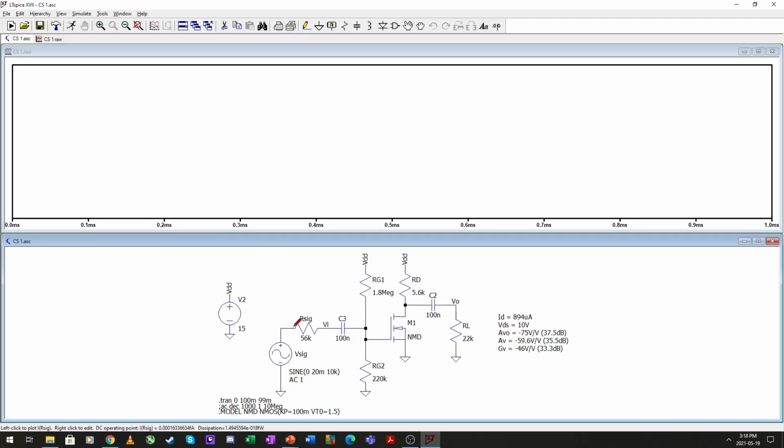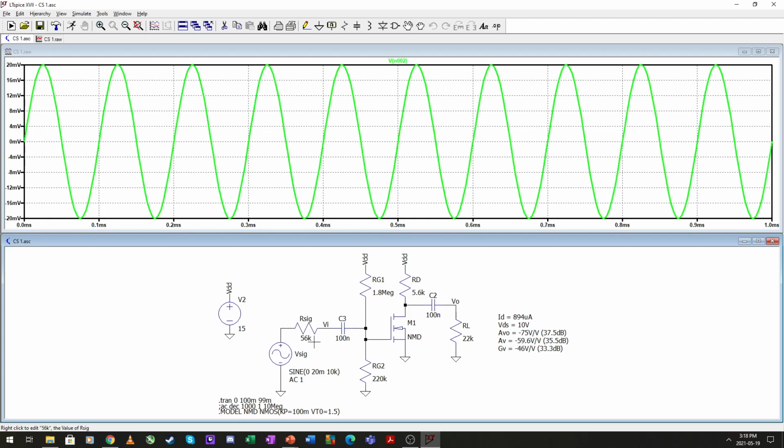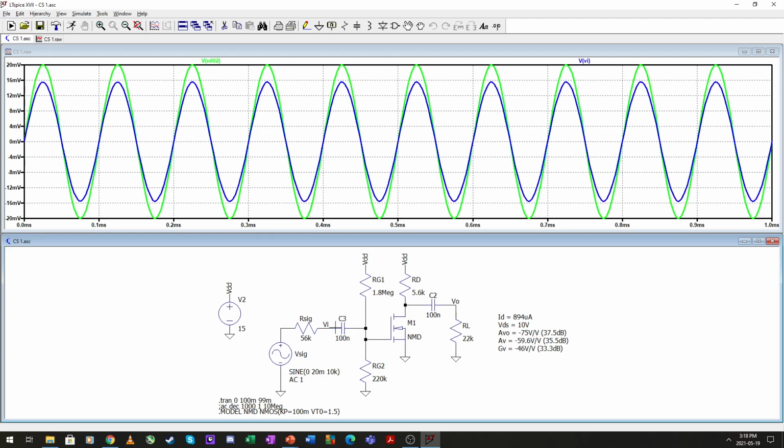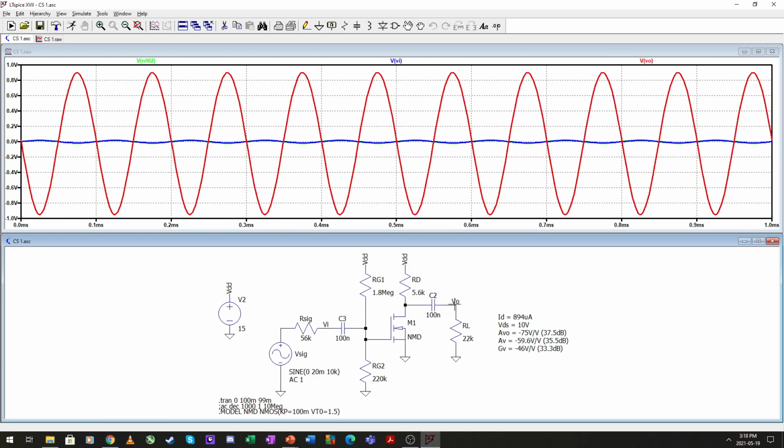So let's run the transient. We insert 20 millivolts peak. There's a first drop, and here is what we get over our load. Okay, so there is a fairly nice amplification going on.